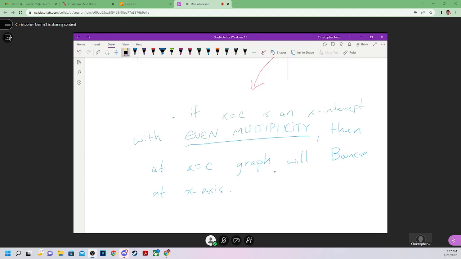I'm not going to say x-axis, I'm going to say x-intercept. It will bounce at the x-intercept.